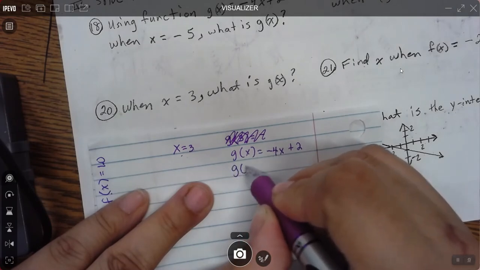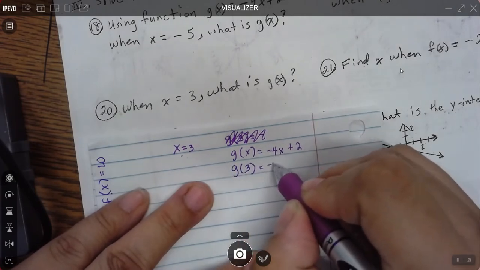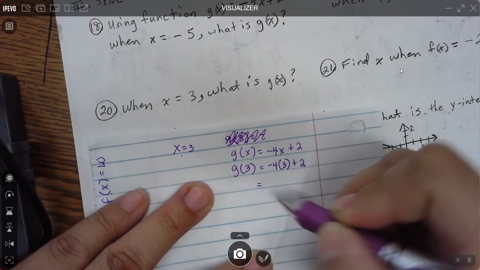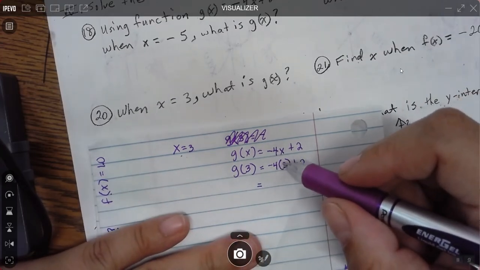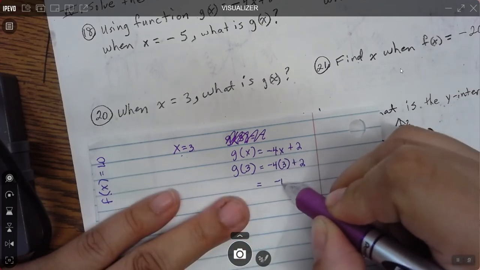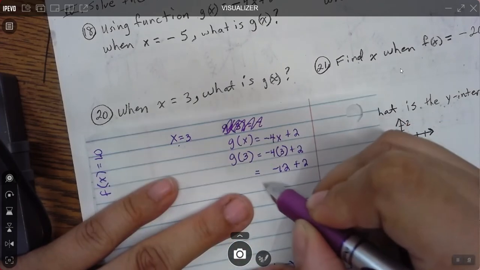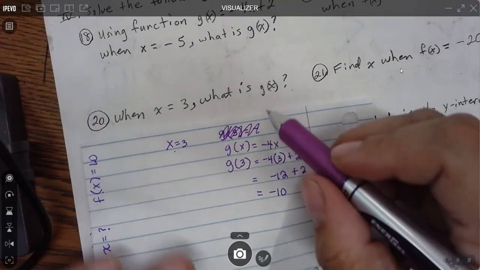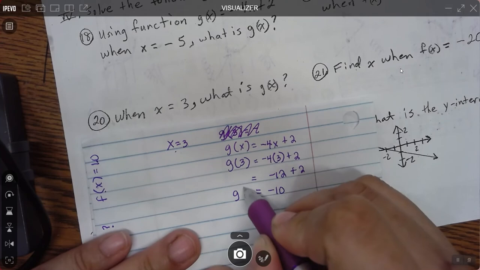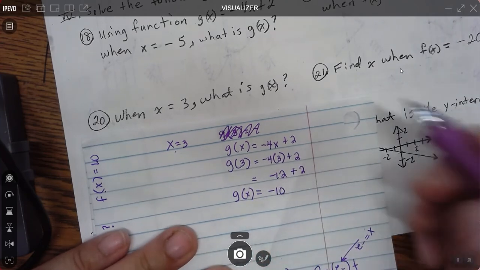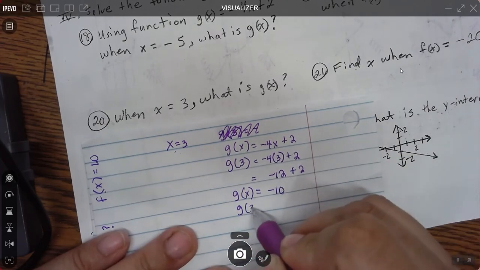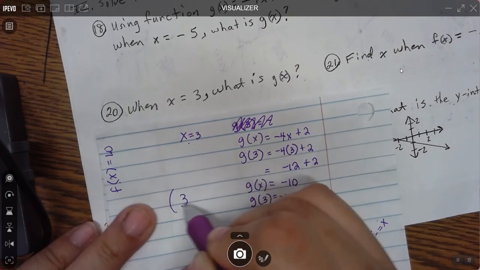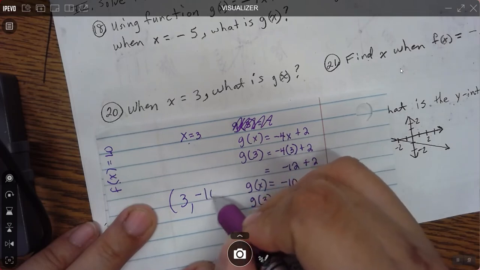So g of 3 means -4 times 3 plus 2. What's -4 times 3? -12. All right, and plus 2, that makes it -10. So g of 3 is equal to -10. So what does that mean? When your x value is 3, the output value is -10.